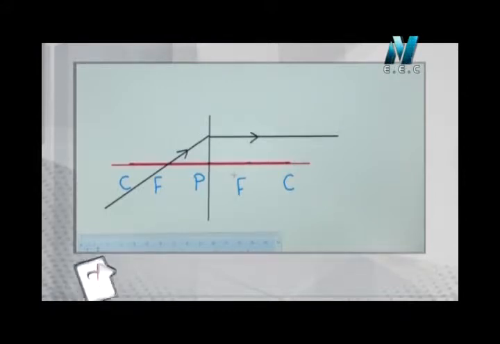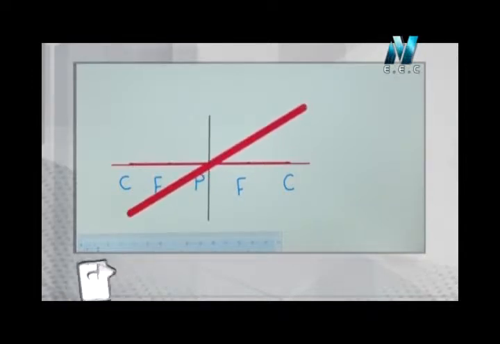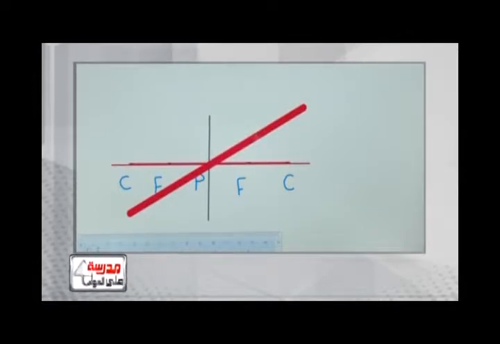Rule number 2. And rule number 3. If light ray passes through the optical center, مش center of curvature، مين؟ The optical center. If the light ray passes through the optical center it doesn't refract. مش هيحصل له refraction هيكمل عادي.